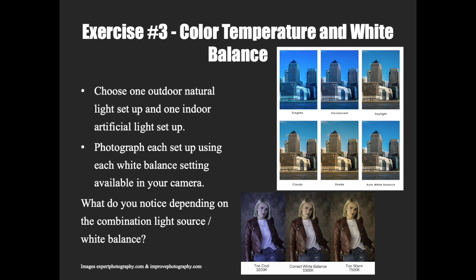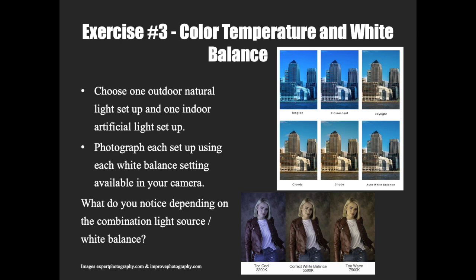So for example, here on the right-hand side, my outside setup is buildings, and they are taken with different white balance: tungsten, fluorescent, daylight, cloudy, shade, and auto white balance. And you can see the difference of tone and warmth in these images.